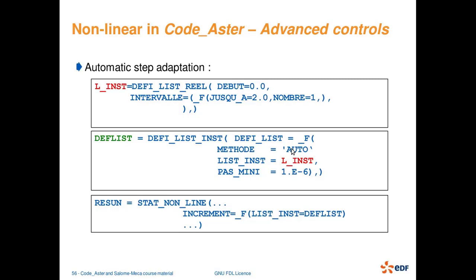Thereby it will automatically create appropriate time steps. The only thing we want to control is that the smallest time steps should not be less than 10 to the power minus 6. So pas mini we are saying as 10 to the power minus 6. And in most cases, with such a small time step, the converged solution is achieved.